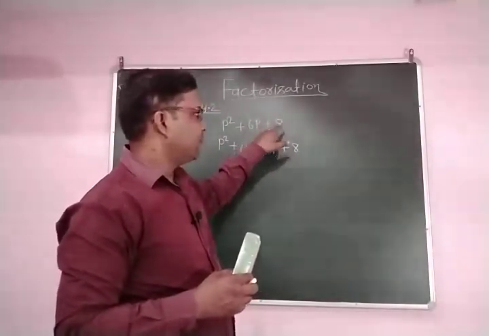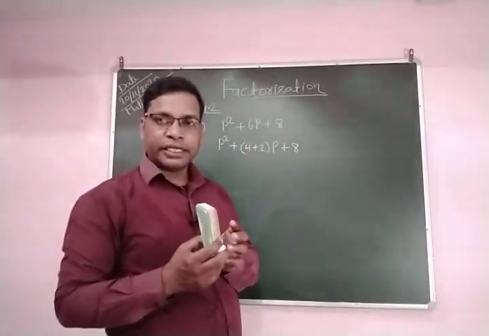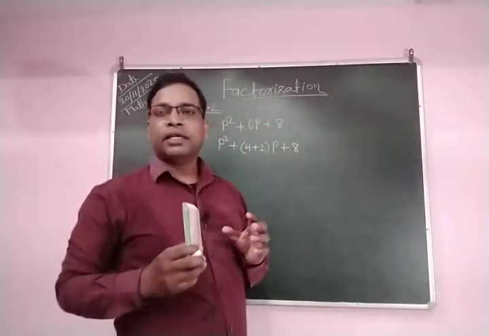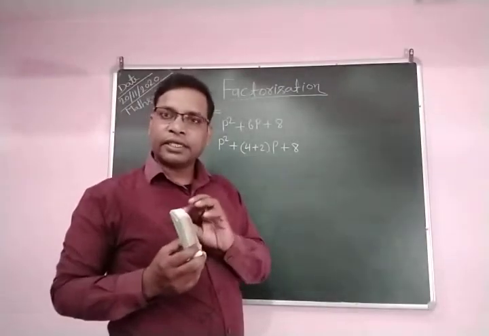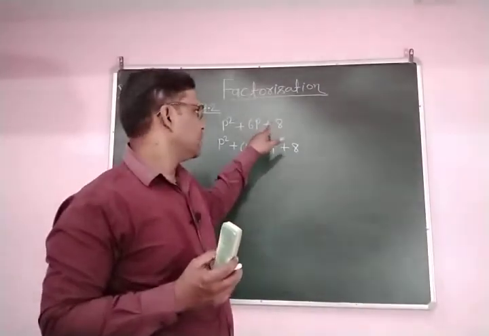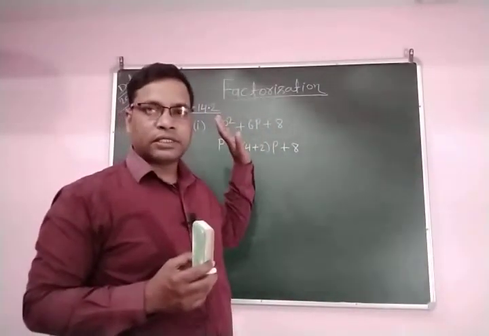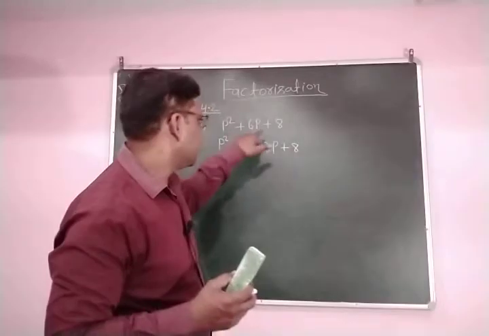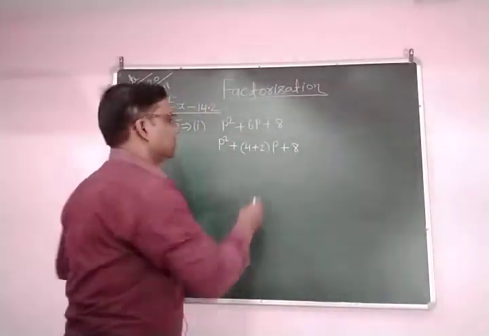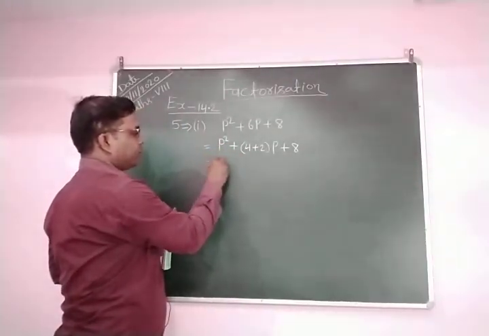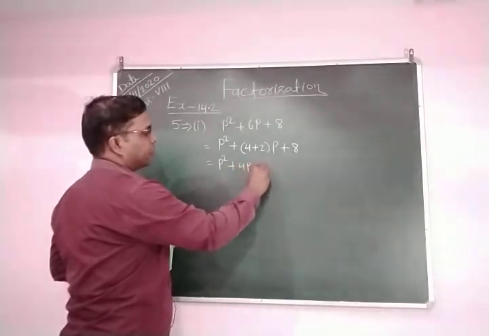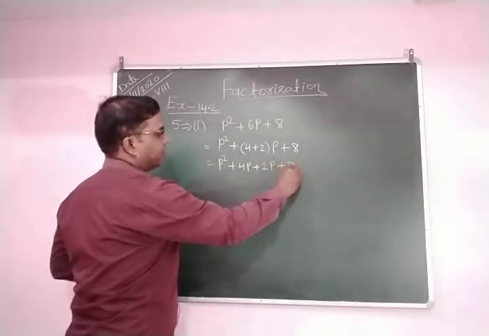If it were minus, then we would try to find the factors of 8 such that their difference is 6. But here it is plus, so we take their sum 6. So 4 plus 2 is equal to 6, and we can write it as p square plus 4p plus 2p plus 8.